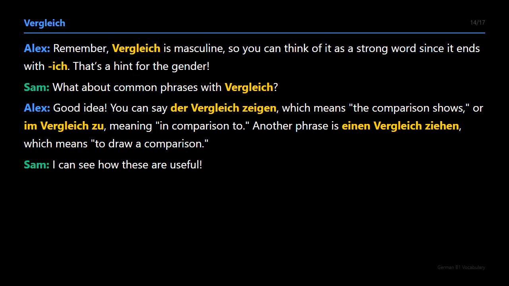You can say, der Vergleich zeigt, which means the comparison shows, or im Vergleich zu, meaning in comparison to. Another phrase is einen Vergleich ziehen, which means to draw a comparison.